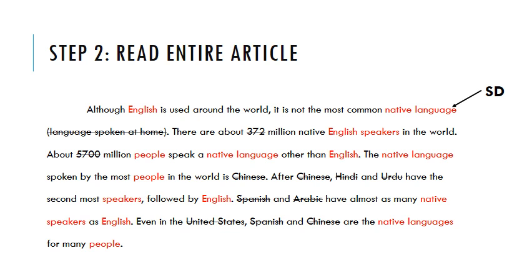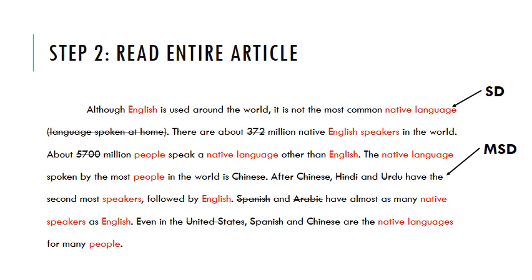So now I'm going to be looking for supporting details. So the first support, I think, is that although English is used around the world, it's not the most common native language. Now, my feeling is that by itself that's not enough.